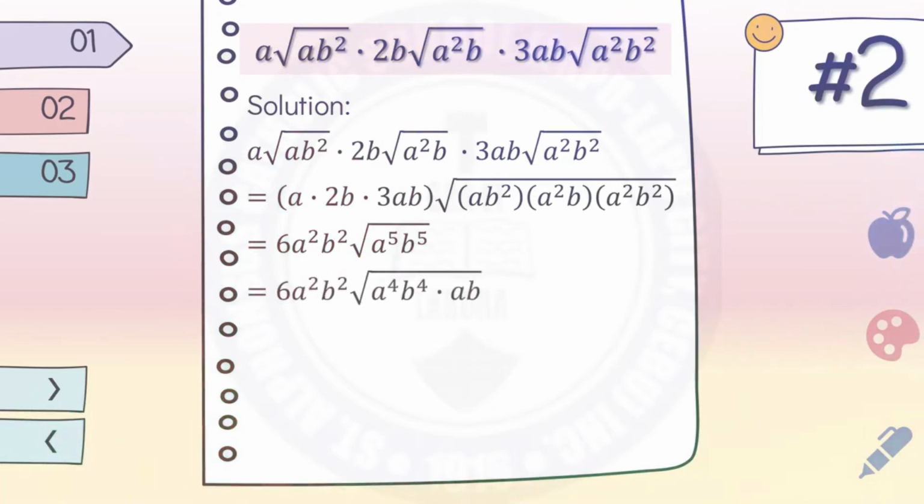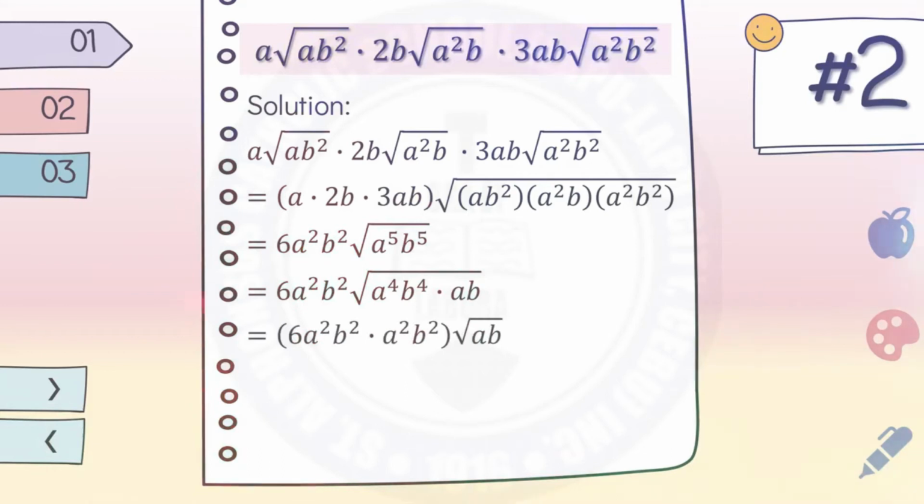In simplifying the radicand, we arrive at the square root of A raised to 4, B raised to 4 times AB. Or shall I say, 6A squared B squared square root of A raised to 4, B raised to 4 times AB.